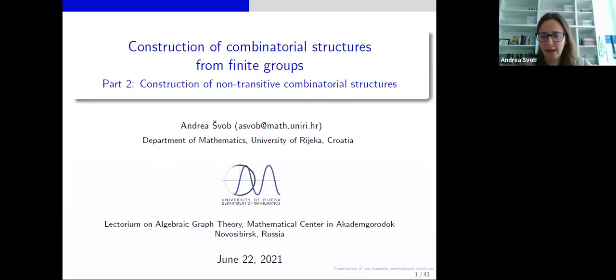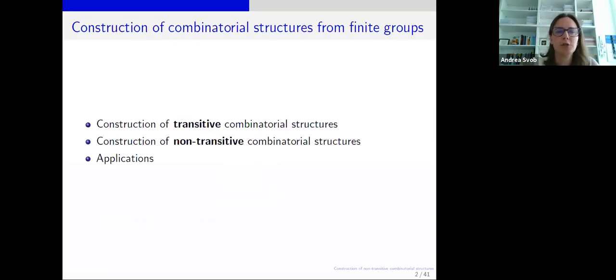So I am now in the second part of our lectorium, which is entitled Construction of Non-Transitive Combinatorial Structures. Last time I was speaking about transitive combinatorial structures, and today I will speak about non-transitive combinatorial structures.